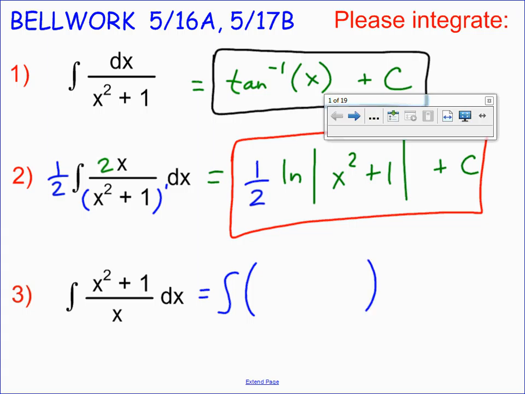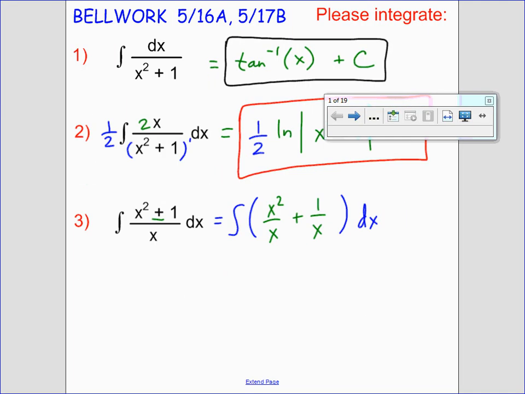Nice job. So Riley recognized that we could break up a sum or difference in the numerator of a fraction, right, into a sum or difference of separate fractions, each with the same denominator. And that's the way to handle that sum or difference in the numerator of this rational function. So here we went x squared over x plus 1 over x, which means we can now integrate term by term, right?